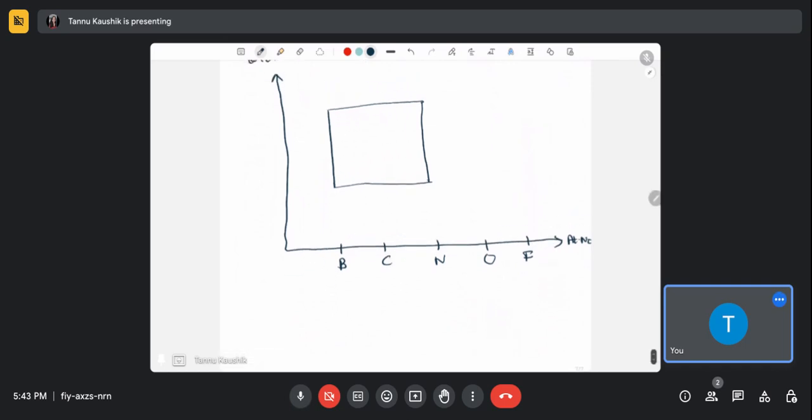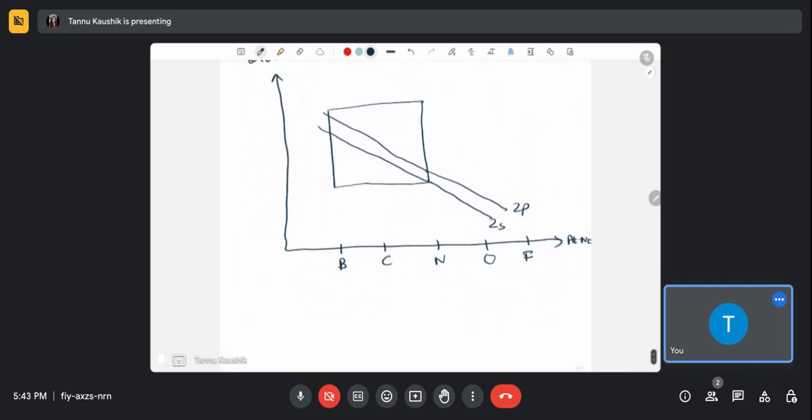So in these boron, carbon, nitrogen, the energy difference between 2s and 2p is very less.